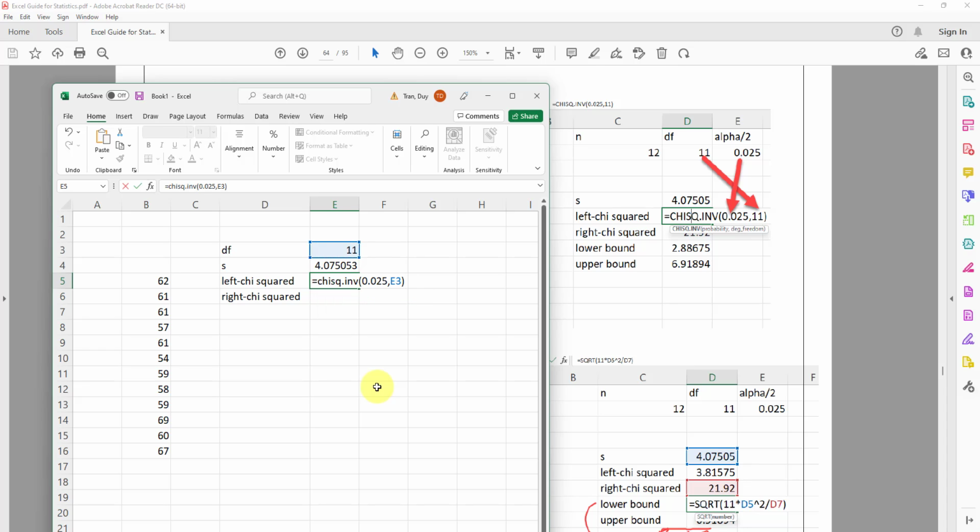And that should give you the left chi-square. For the right chi-square, we use CHISQ.INV.RT, the right-hand side. And then we input the alpha over 2 probability, and that is again 0.025. And my degree of freedom again is also 11.